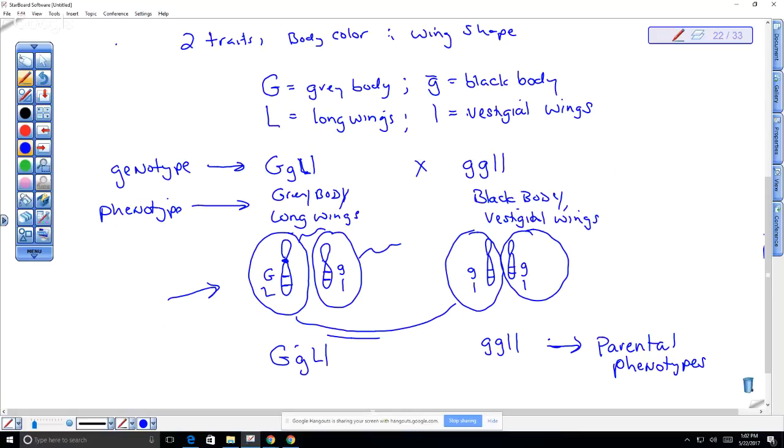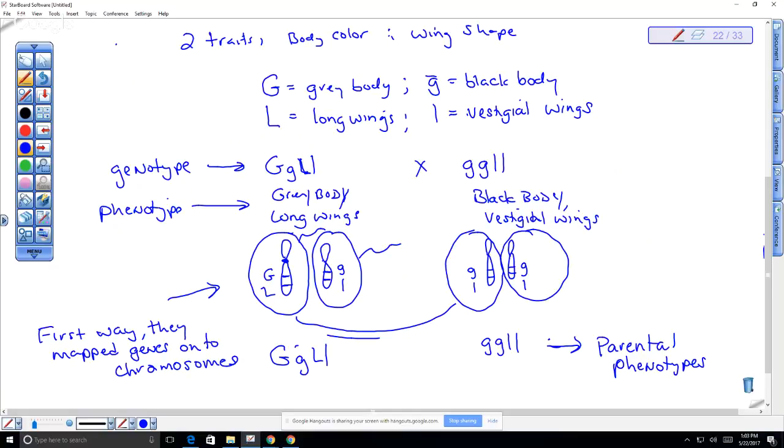So in your notes, you'll say that looking at recombinant offspring is the first way they mapped genes onto chromosomes. Now you don't need to know this person's name.